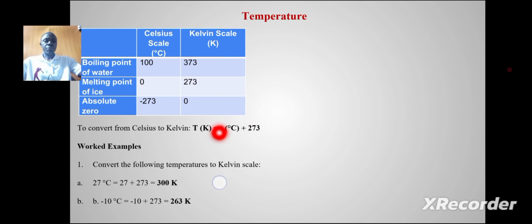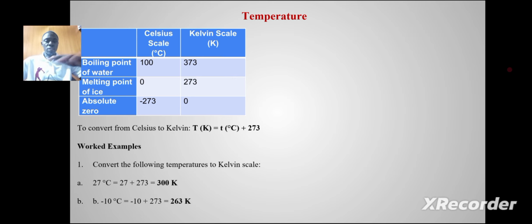To convert from the Celsius scale to the Kelvin scale, add 273 to the Celsius temperature, and then you get the Kelvin temperature. The opposite is true. Subtract 273 from a Kelvin temperature, and you get the Celsius temperature.